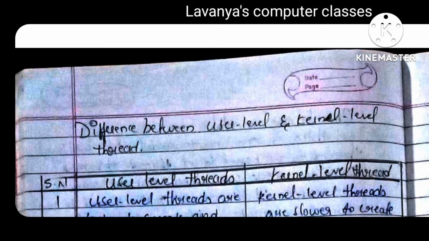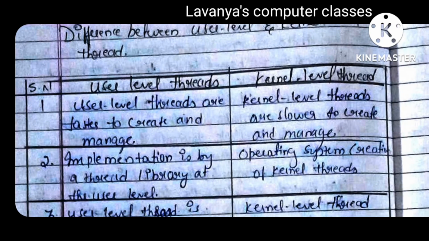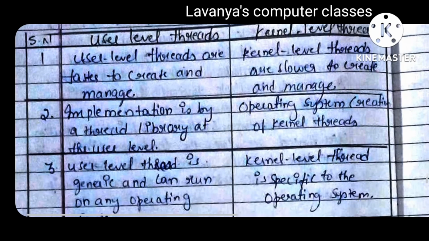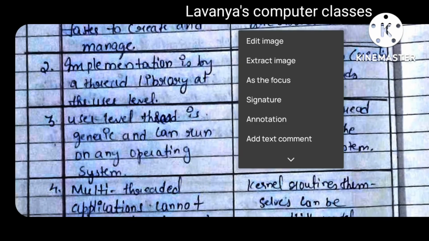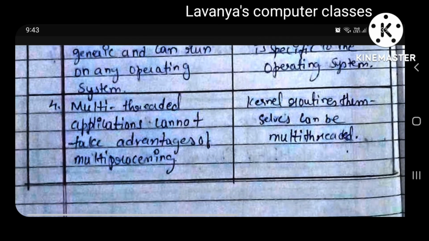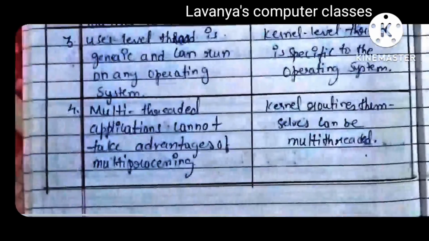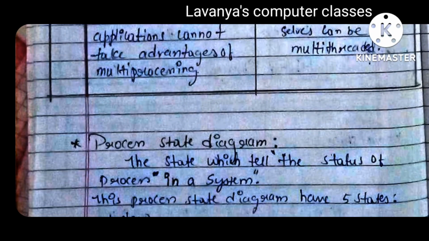Next one is difference between user level and kernel level thread. So these are the differences. Next one is process state diagram.